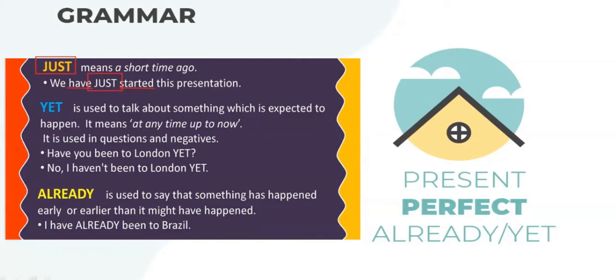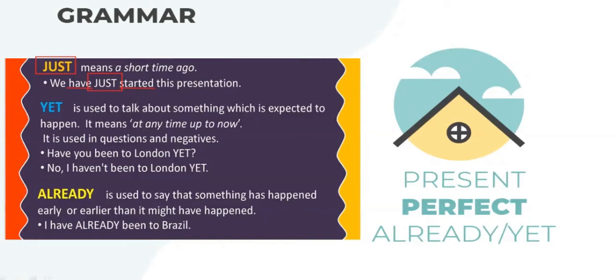Now, yet. As I told you, we use yet in questions and in negatives to talk about experiences that are expected to happen, but haven't happened by this time. We are not going to use the questions a lot. We are going to work more with negative sentences. So when you have a negative sentence, yet goes at the end of the sentence.